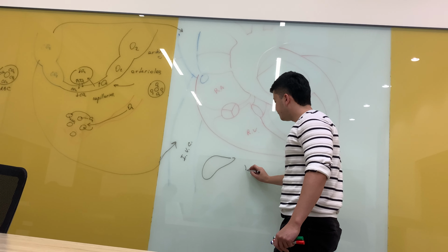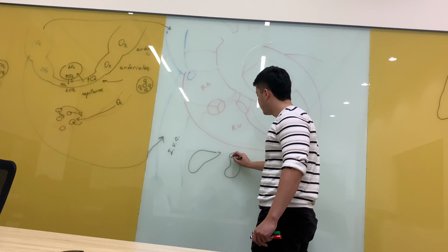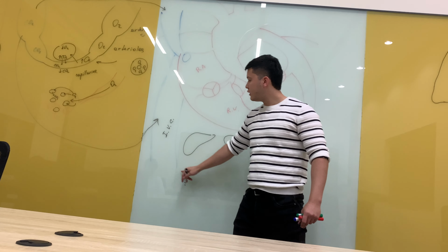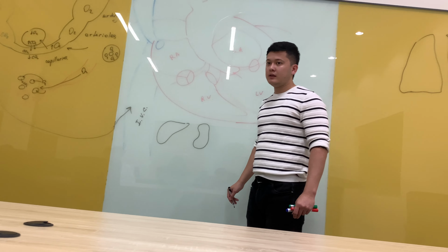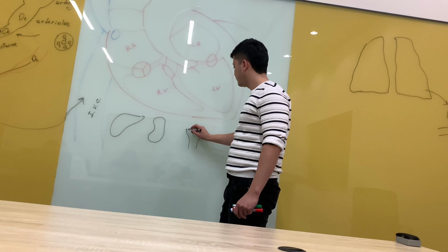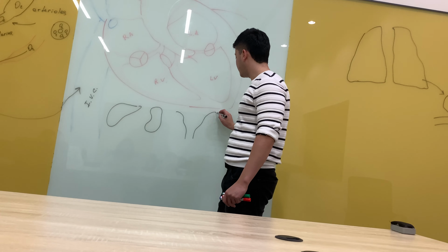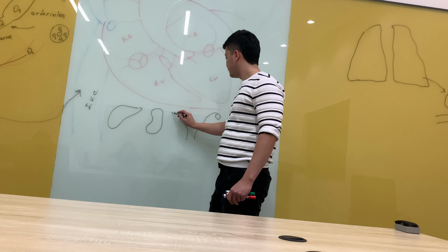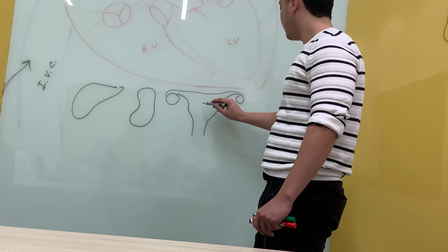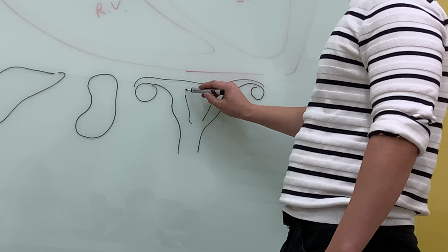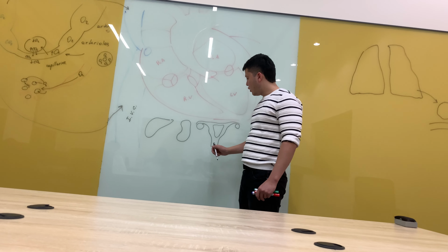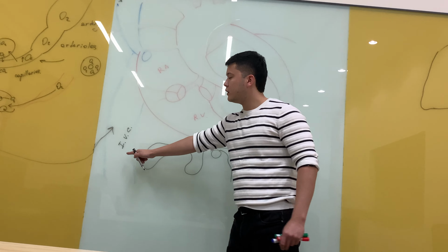For example, your kidneys are also giving veins to the inferior vena cava. Understand? For example, the female reproductive system is also going to the inferior vena cava. The veins coming from the ovaries, from the uterus, all of them are going to the inferior vena cava.